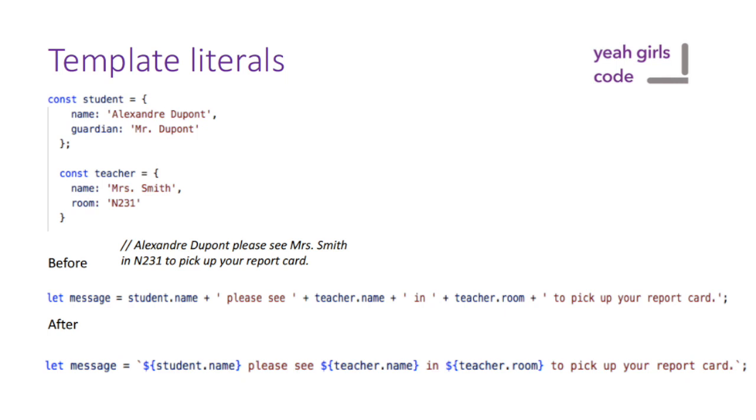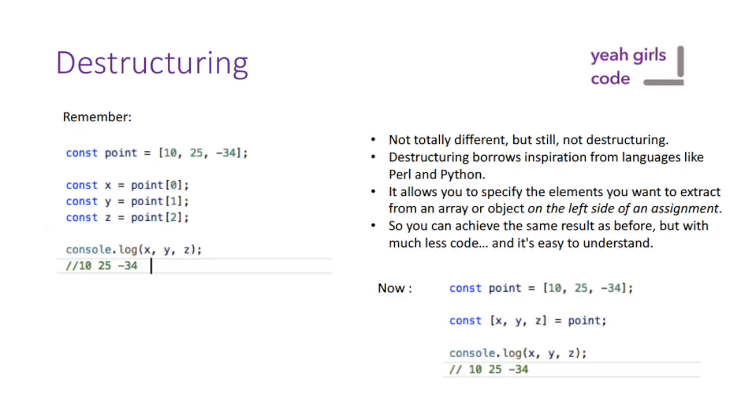So moving on to destructuring. So remember, before, when you wanted to access the values of points, you would say something like const point equals [10, 25, -34] as an example. Then you have const x equals point[0], const y equals point[1], const z equals point[2].